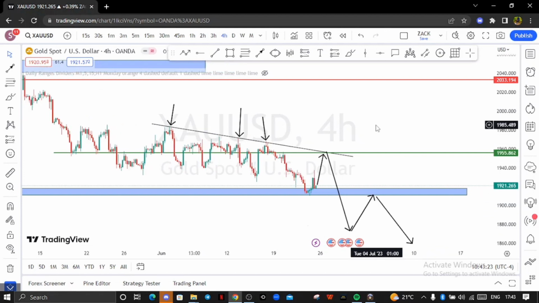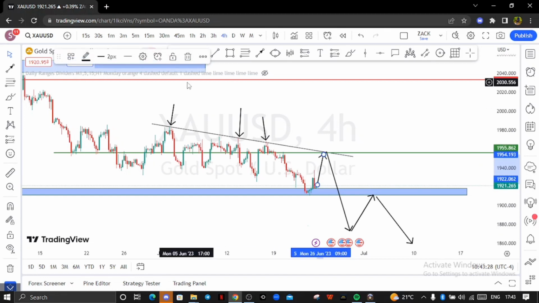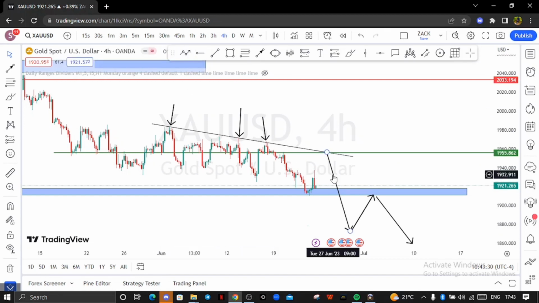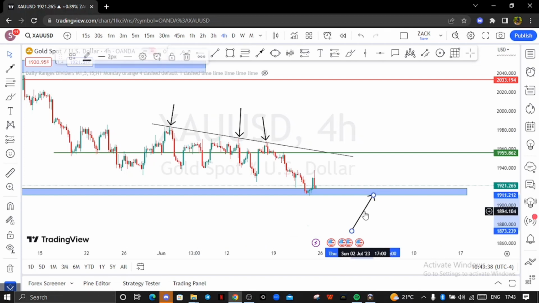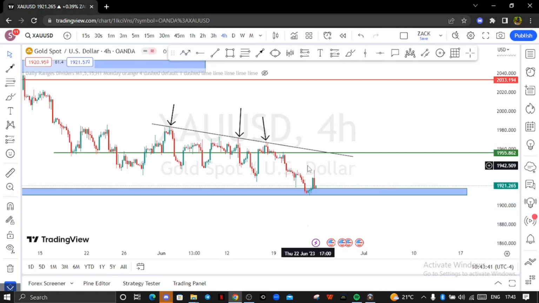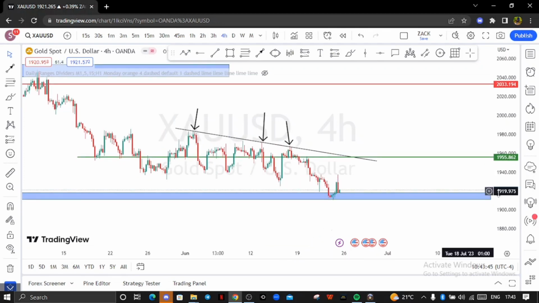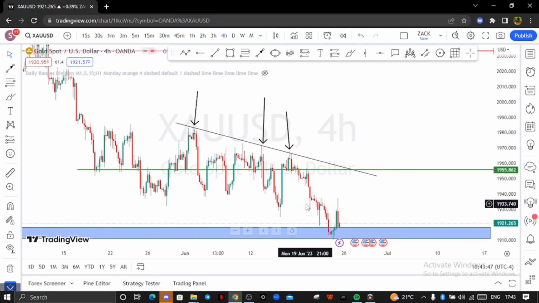I'm anticipating this particular retracement back to that zone, because I'm seeing some sort of imbalance. Those of you who know what imbalances are, you see, right here we have some clean imbalance that's not actually been filled yet.